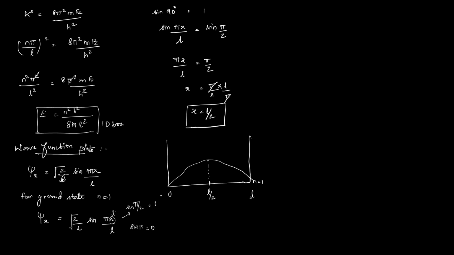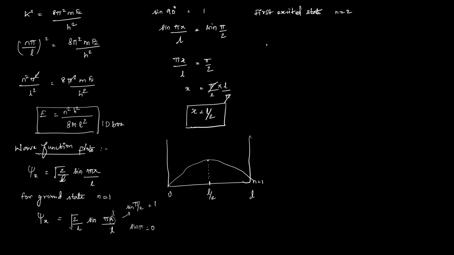Okay, well, likewise we can do it for your first excited state. For the first excited state, n equal to 2. So ground state is n equal to 1, and your first excited state is n equal to 2.